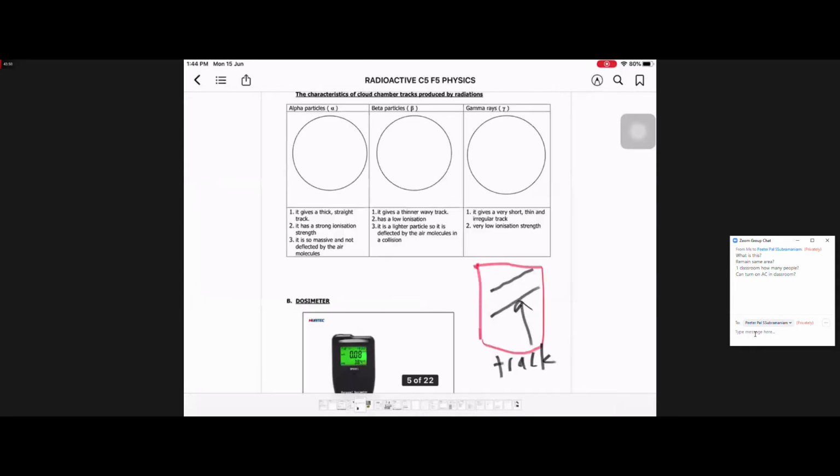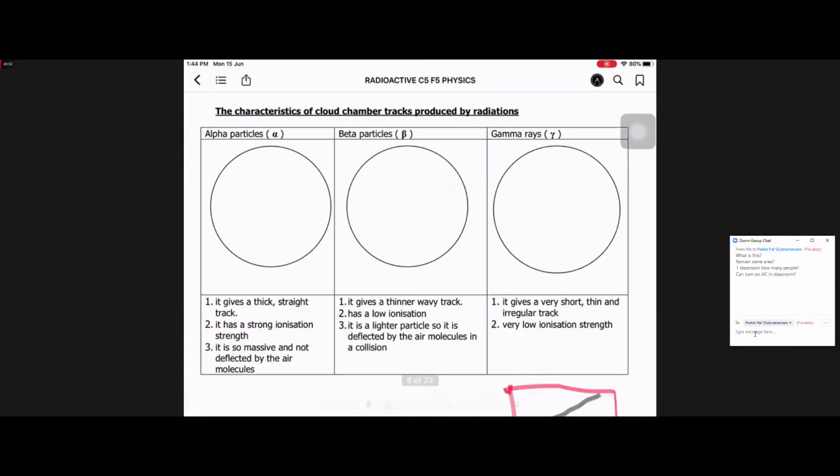You see here carefully, okay. If we place the radioactive element inside here, and it is emitting alpha, the alpha tracks will be released as thick tracks. These are the alpha tracks.